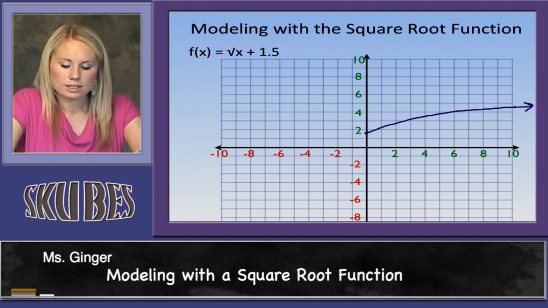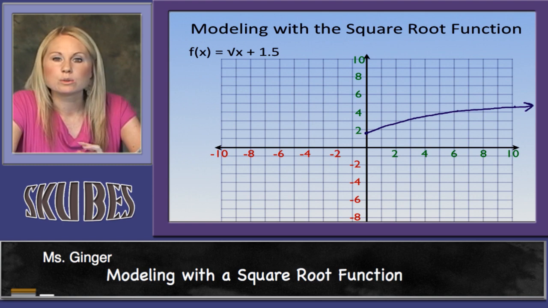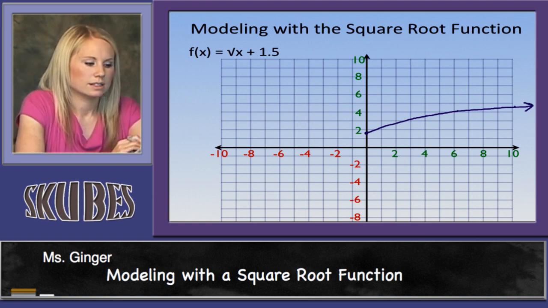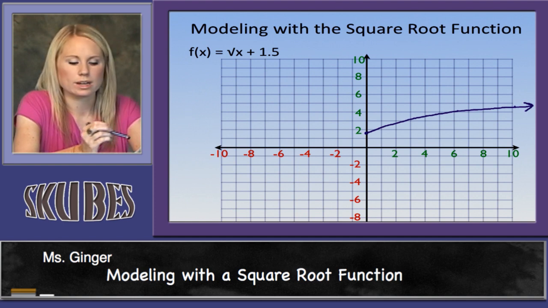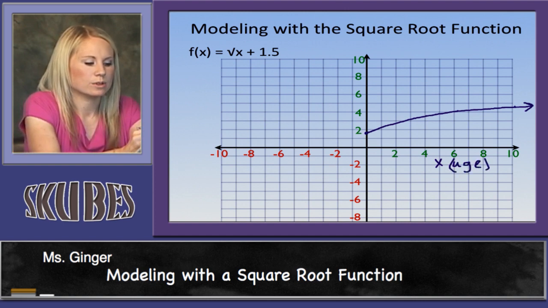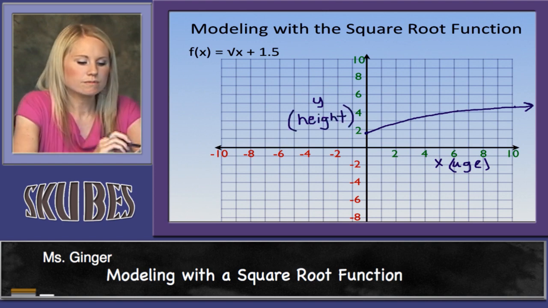And remember, we wanted to use this graph to estimate the height of someone at age 20. Well, remember our x direction here represents age for our function, and the y represents height. So it's important to remember that as we go through looking for these things.